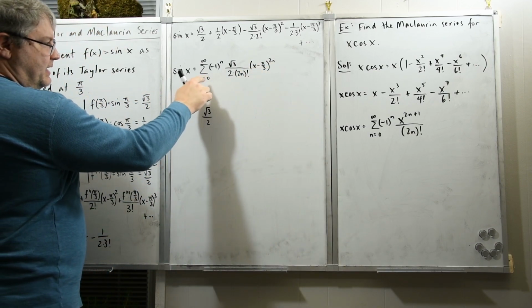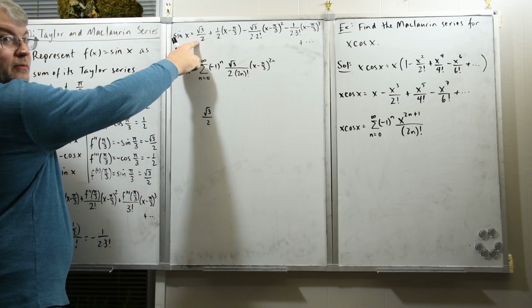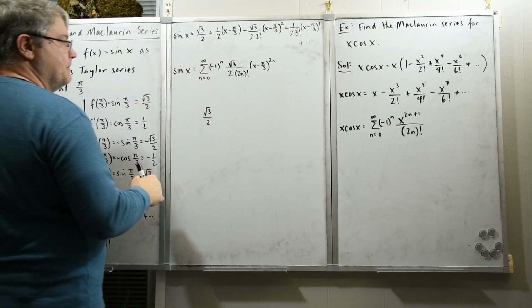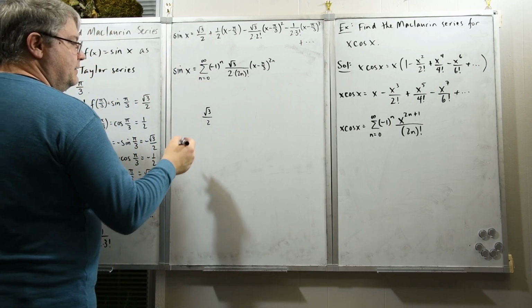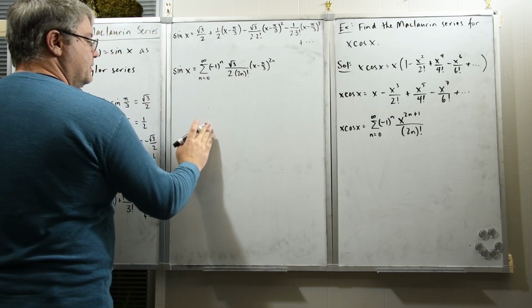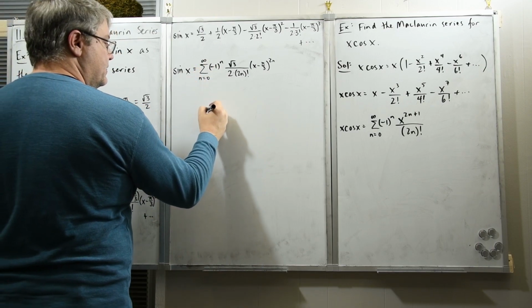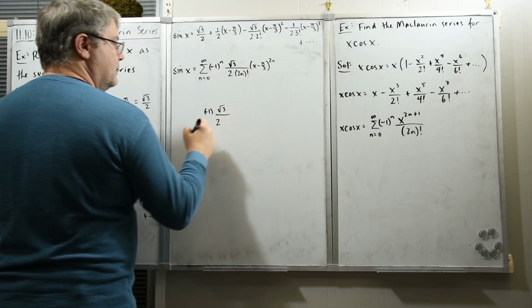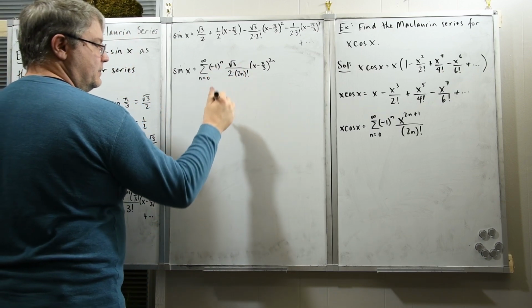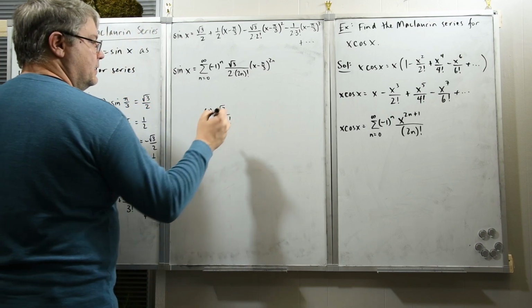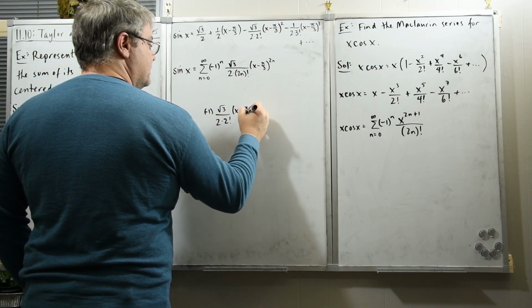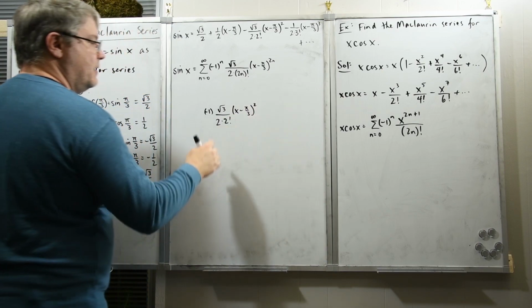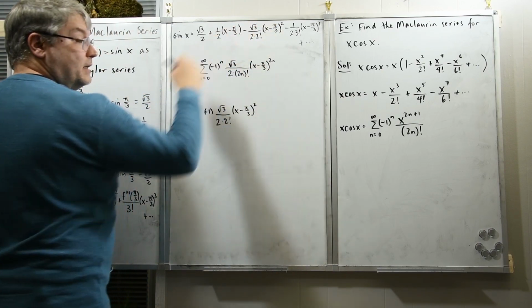Okay, so when n equals 0, you get root 3 over 2, precisely what's showing up here. Then if n is equal to 1, you'll have negative 1 raised to the first power, that's negative 1. You'll have a square root of 3 over 2 times, well, 2 times 1 gives you 2, so 2 factorial. And then x minus pi over 3 raised to the 2 times 1, it's raised to the second power. This matches up with what we're seeing here.